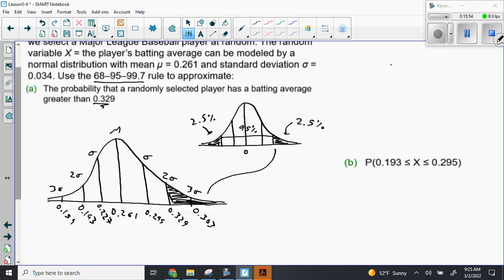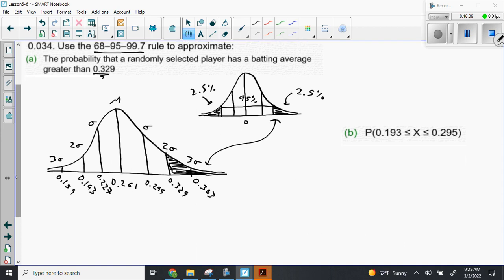Well, these areas match. So let's use some notation here. The probability that x is greater than 0.329 is equal to 0.025, we're going to turn this into a decimal.